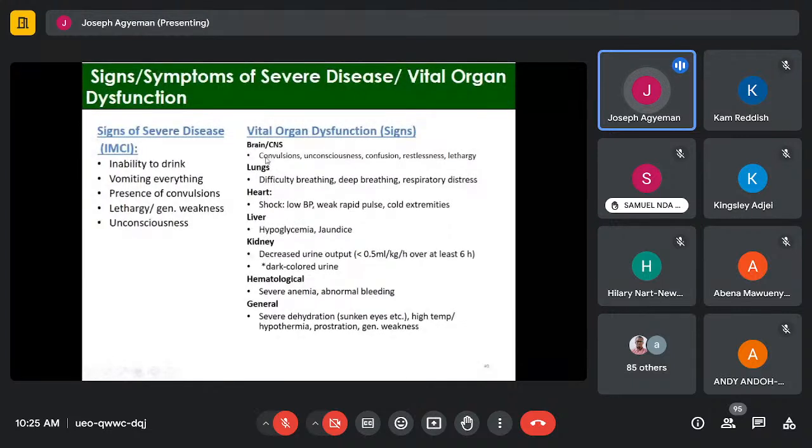This can give you CNS problems. It can kill you. The liver is supposed to conjugate bilirubin for excretion. Once the liver becomes defective, then there is yellowish discoloration of the sclera and the palm, that is jaundice.